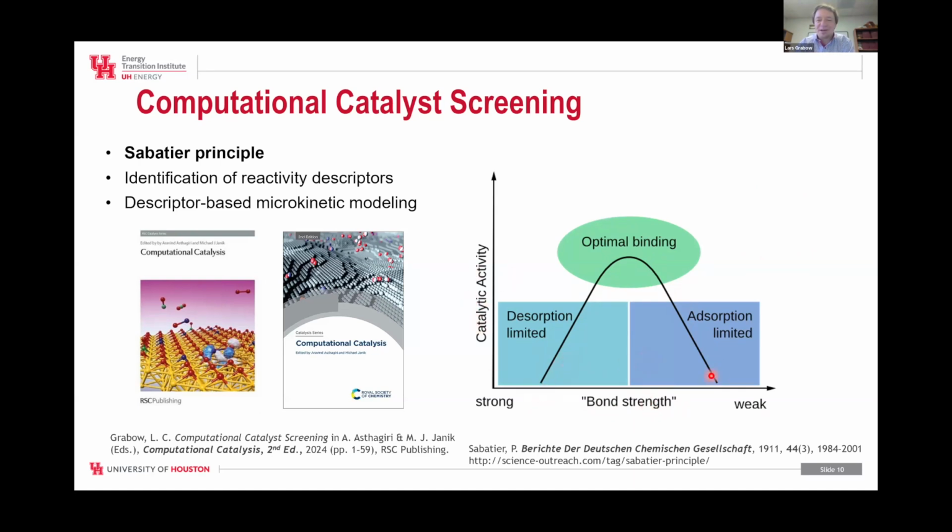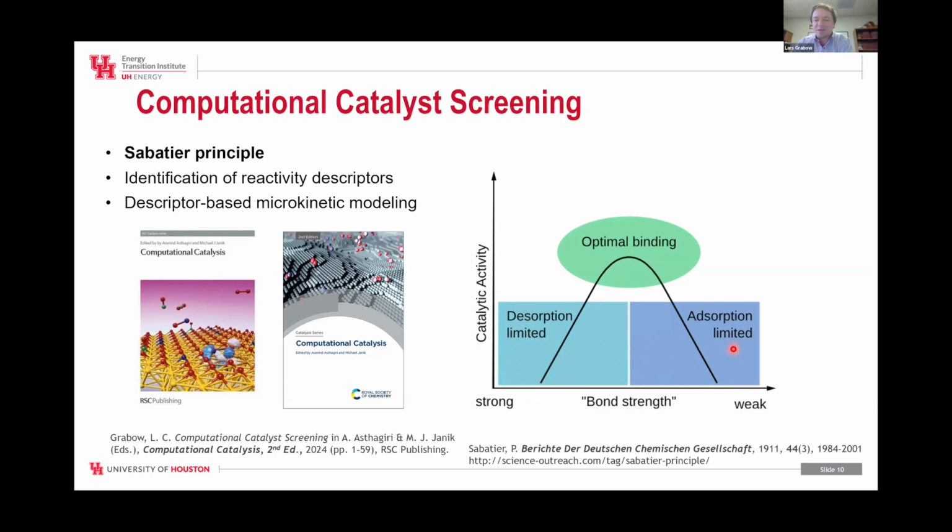Now, why do we get these two areas where we get less activity? Well, if we have, let's say, a catalyst or an electrode that binds all of the intermediates very strongly, then nothing comes off the surface. We just get surface poisoning and we get an inactive surface. If our surface interacts very, very weakly, then we don't have any adsorption.